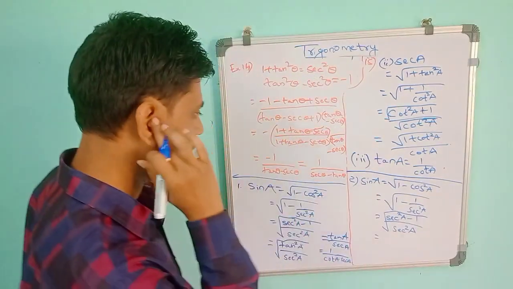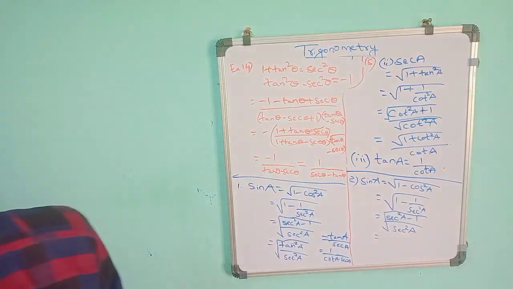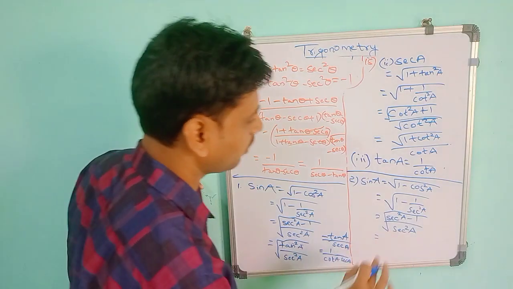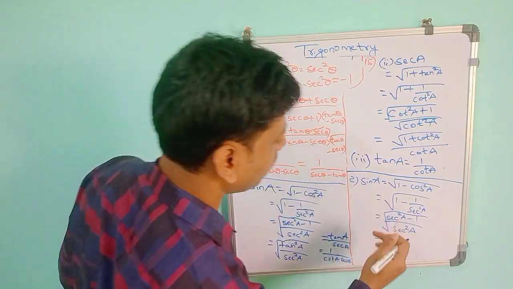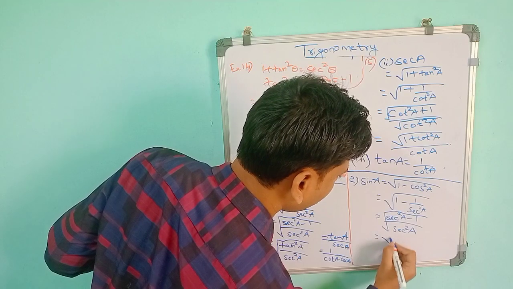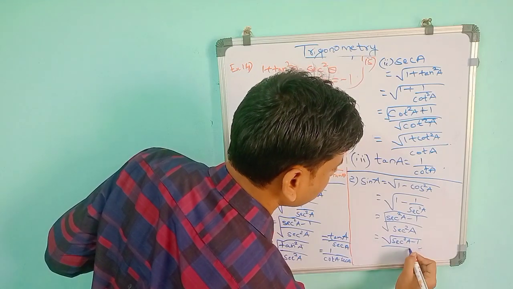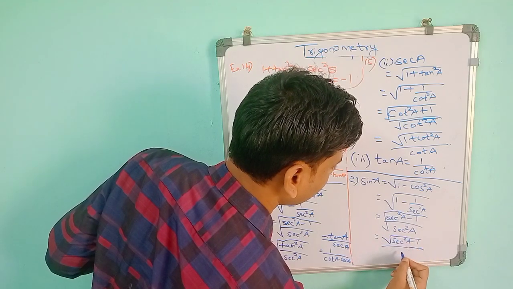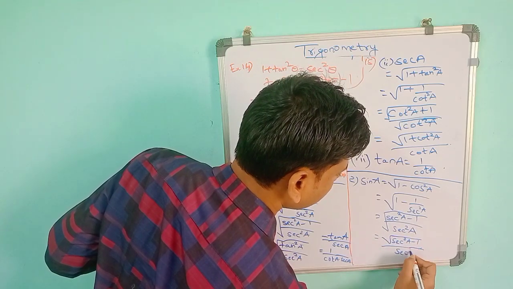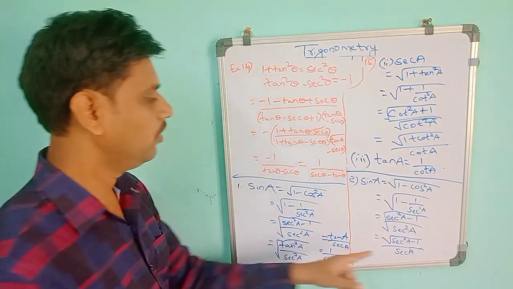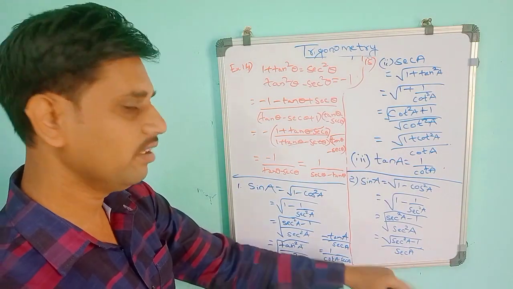But they told us to write in sec A only. So don't change into tan, because they told us sec A only. So it will be root of sec square A minus 1. The whole root of a square will get cancelled. So sec A. So for sin A it is root of sec square A minus 1 divided by sec A.